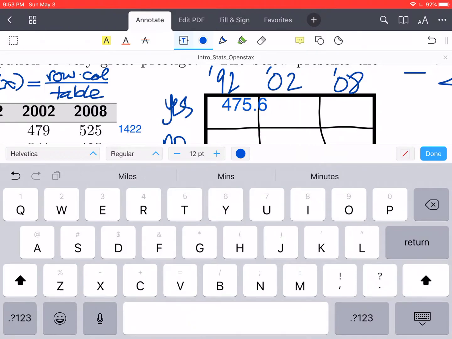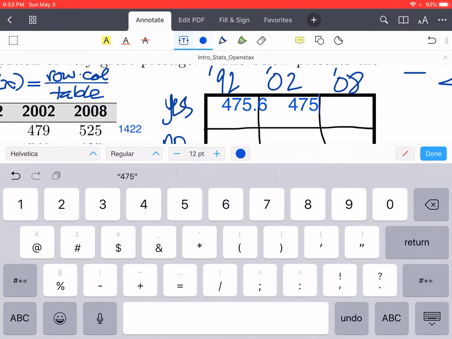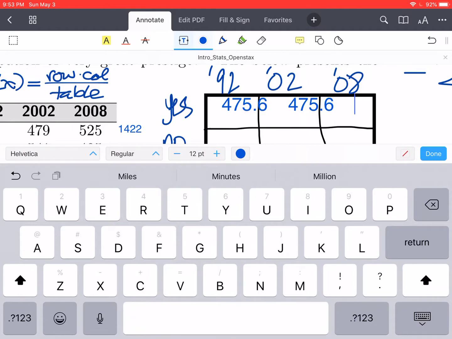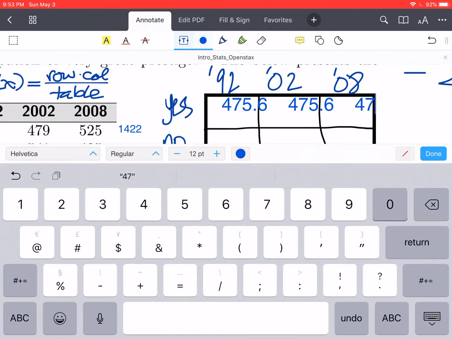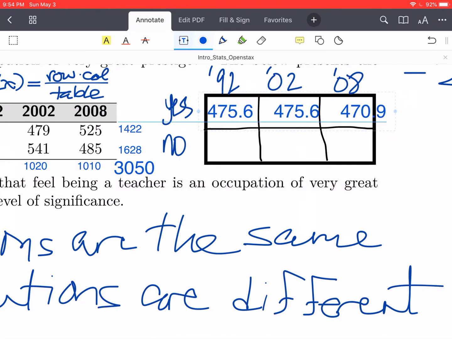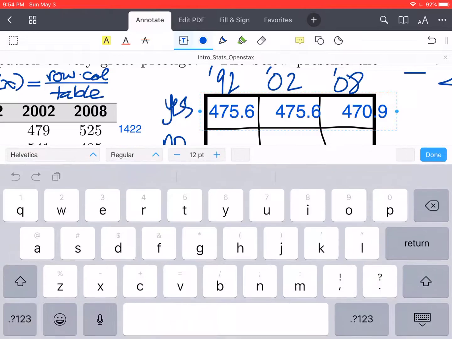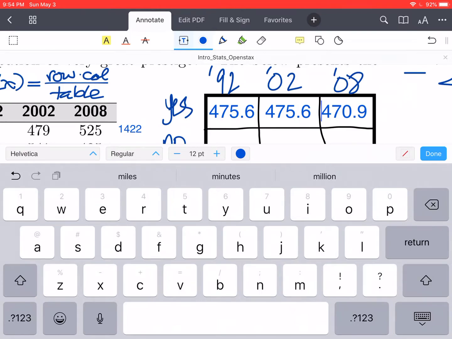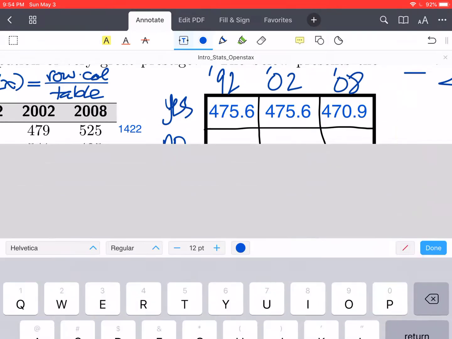The second one, we also get 475.6 because, again, they share a row, and their column totals are the same, and the table total is always the same. So it would make sense that those two would be the same. And then this one is 470.9. Line those up. There we go.